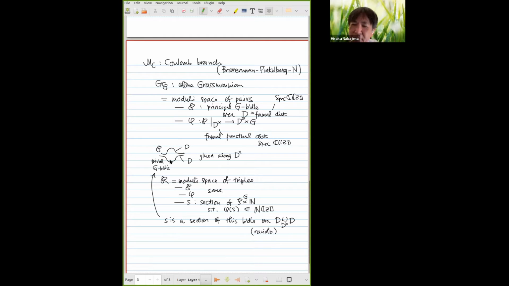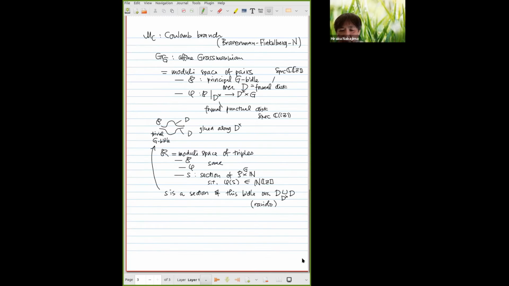It looks a little bit like a ravioli, so we call it raviolo. Then we have an action of G of O, the gauge transformation of the trivial bundle, so it acts on this space R.